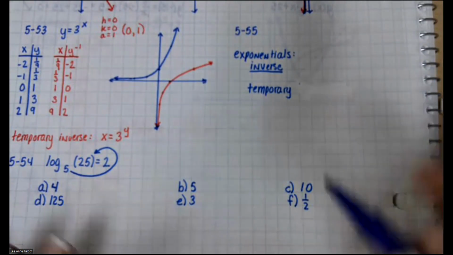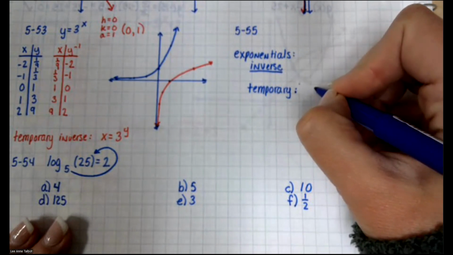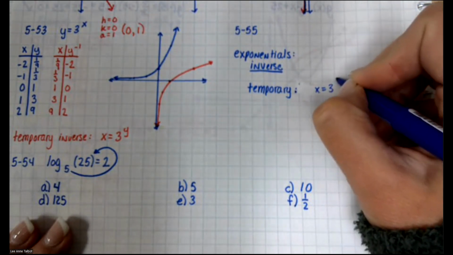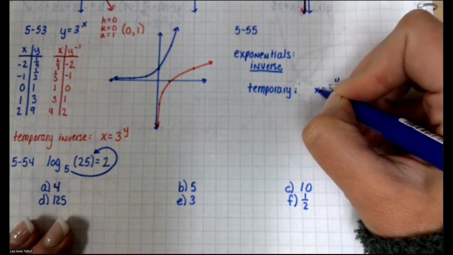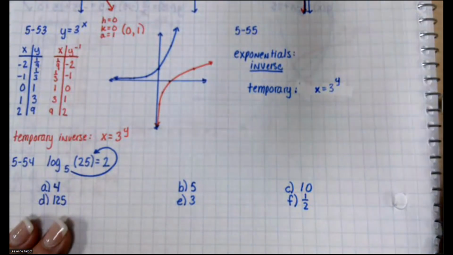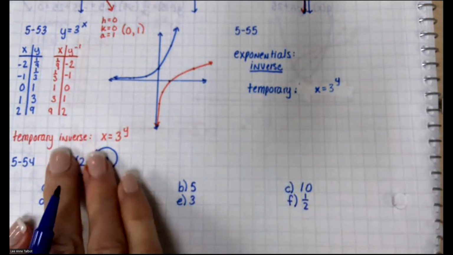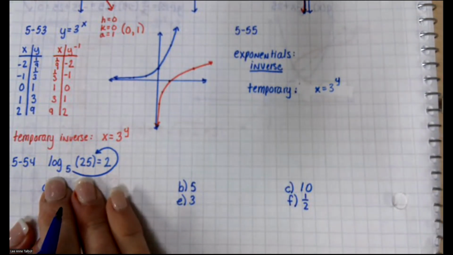The inverse of an exponential, temporarily for us, was x equals 3 to the y. Okay, what we're going to do is switch this around to make it look like this.